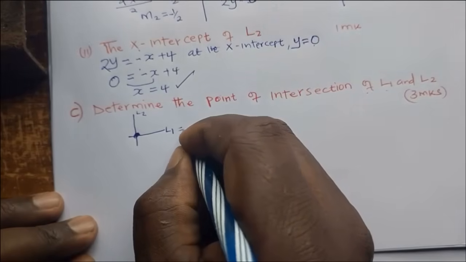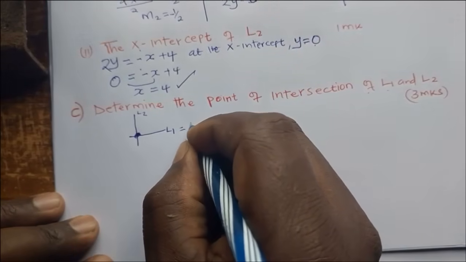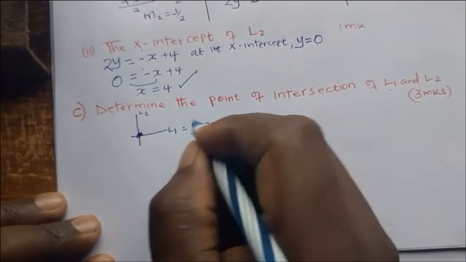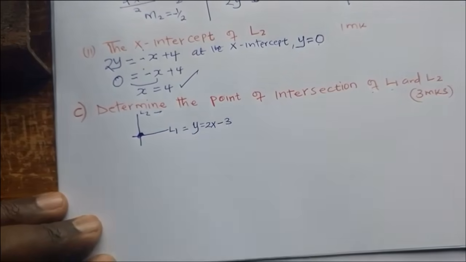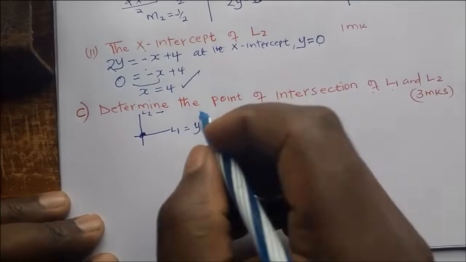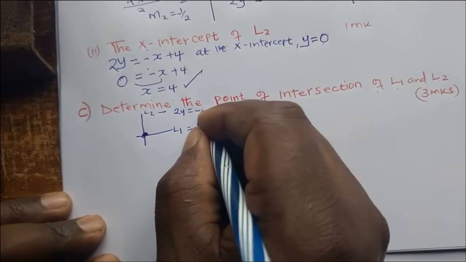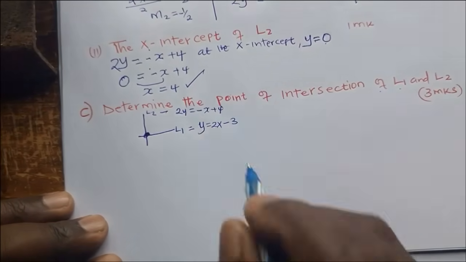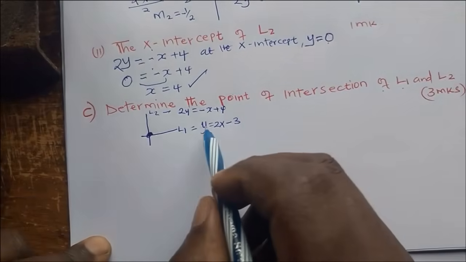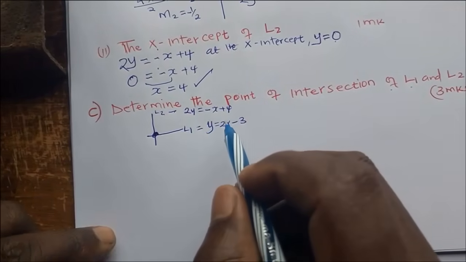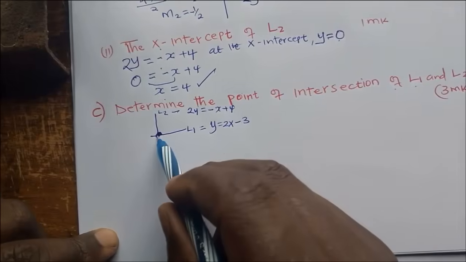L1, the equation is y is equal to 2x minus 3, and the L2, we know the equation is 2y is equal to minus x plus 4, right? So you can solve this one using simultaneous equations. You get the value of x and the value of y, and that is the point where they intersect.